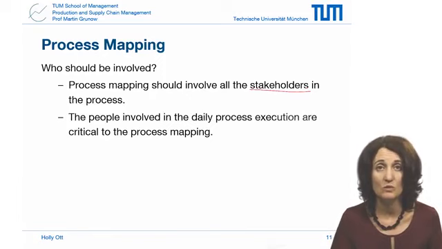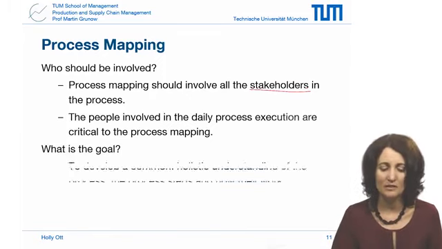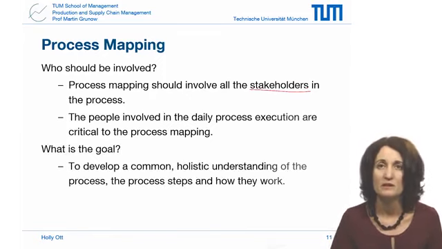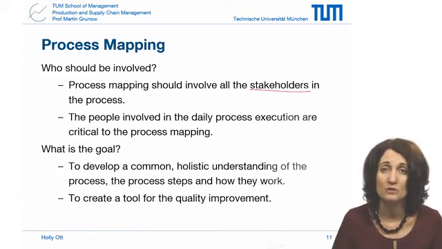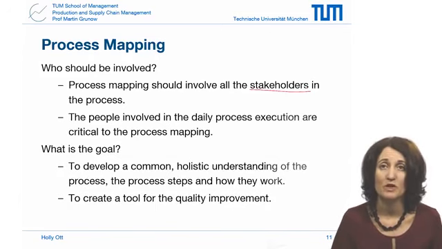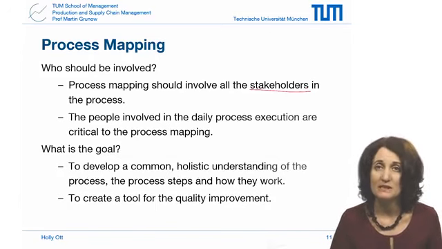And what is the goal of the process mapping? It is to develop a common, holistic understanding of the process steps and how they work, creating a tool for quality improvement. Once the process is mapped, it can be better understood, analyzed, improved, and managed.